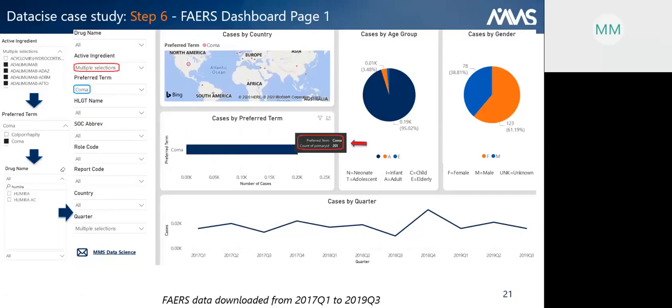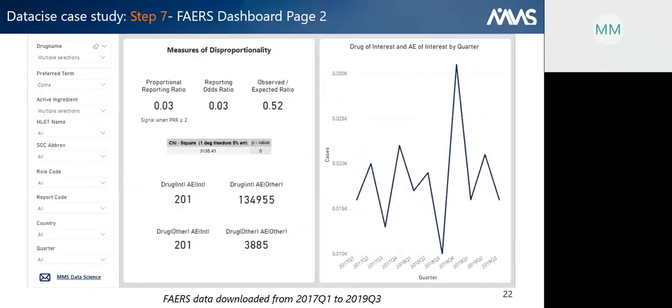On the next dashboard, we see the statistical disproportionality reporting analysis dashboard from FAERS, and also measures of disproportionality, as you can see from the digits, would not fire a signal for us just because of the amount of background medications which we have in the safety FAERS database.